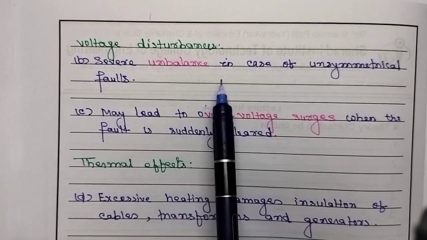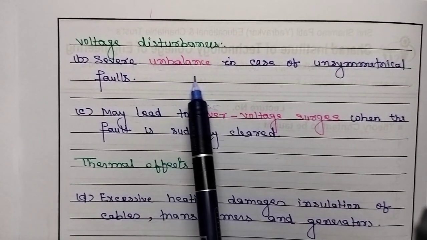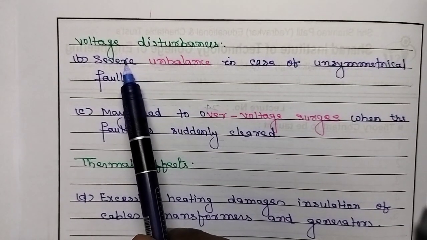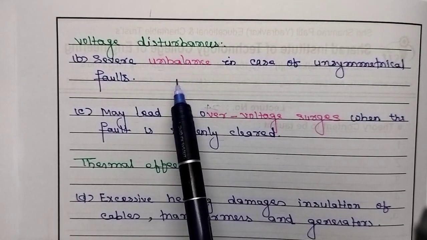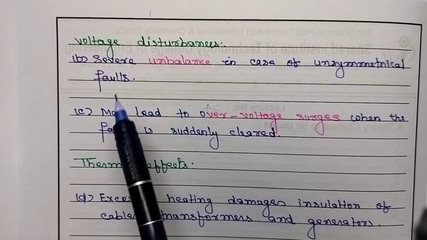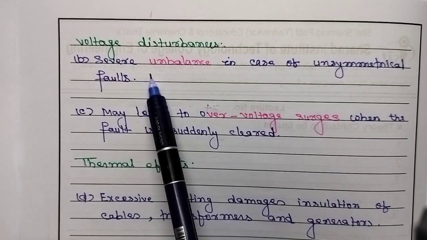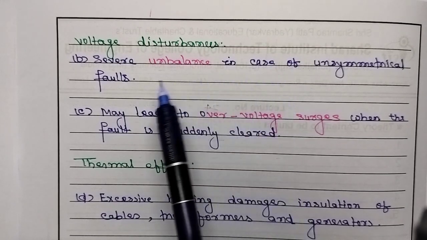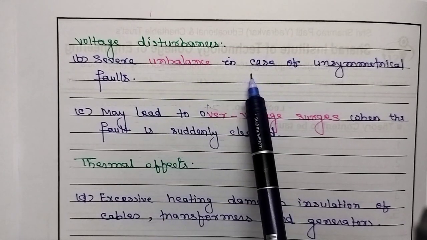Next, we have voltage disturbances, meaning severe unbalance in the case of unsymmetrical faults. Because of the faults, voltage disturbances will be there, and whenever disturbances are there, severe unbalance will be there in the case of unsymmetrical faults.